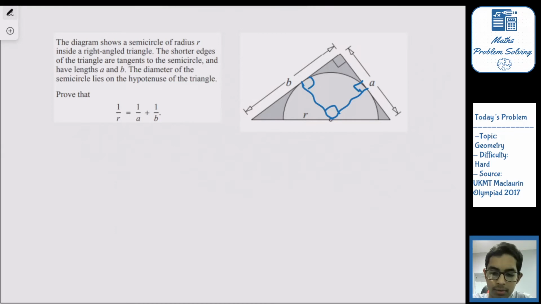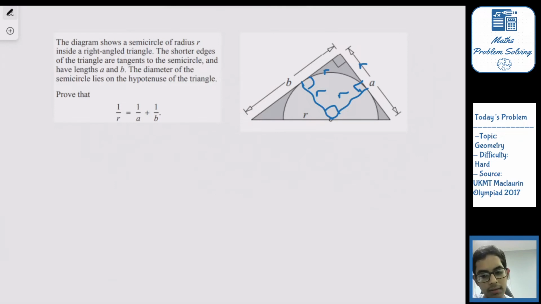Okay, so this is a square, so let's just label these four lengths as all being r. And what we could do is work out the area of the square and then the area of the left small right angle triangle as well, and then set all that equal to the large right angle triangle, but that's very long-winded.